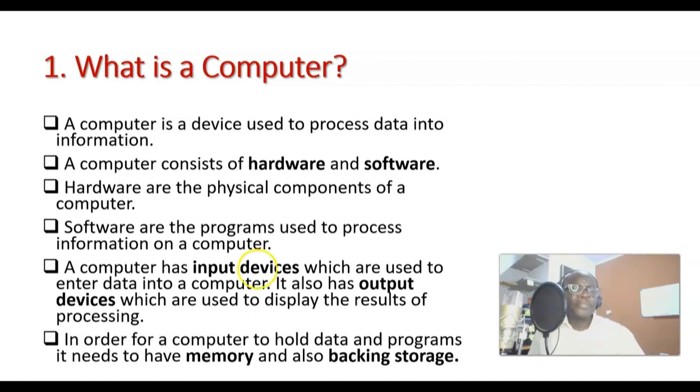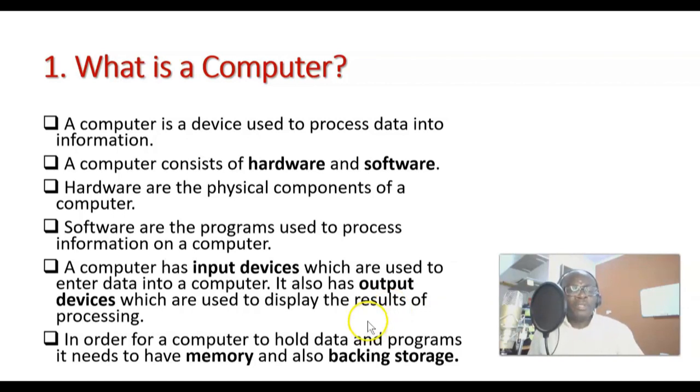Now, a computer has input devices. For you to be able to enter information into a computer, you need an input device. These input devices are used to enter data into a computer. A computer also has output devices. These are used to display the results of what a computer processed, so that you are able to see that information.